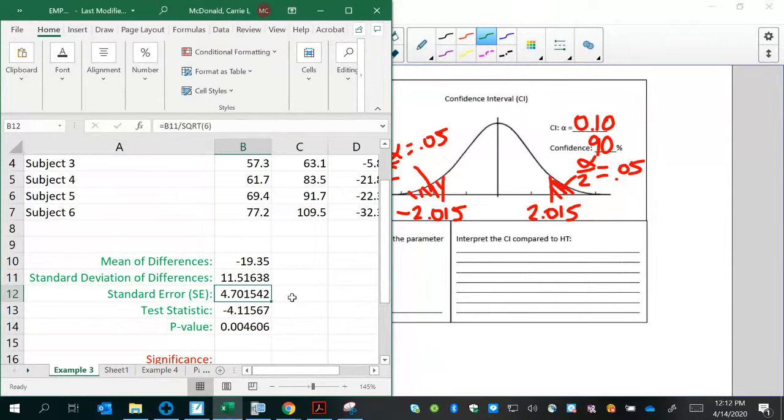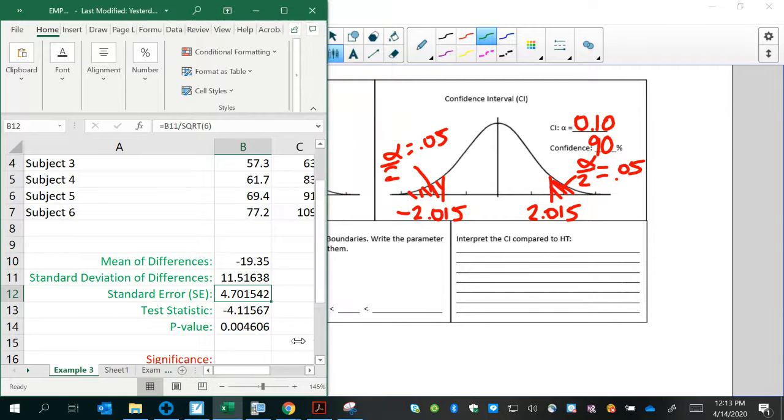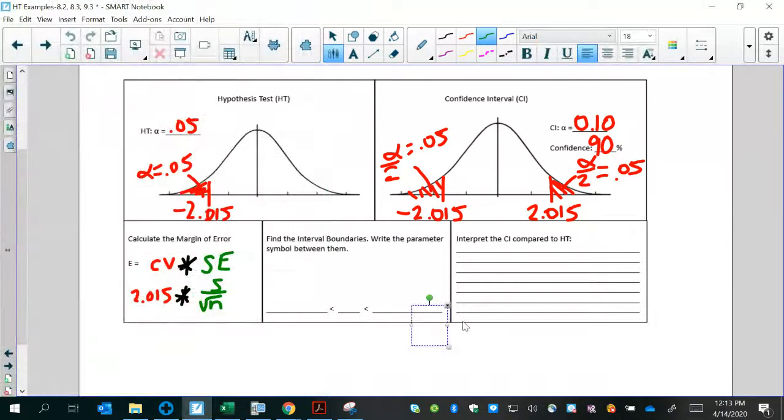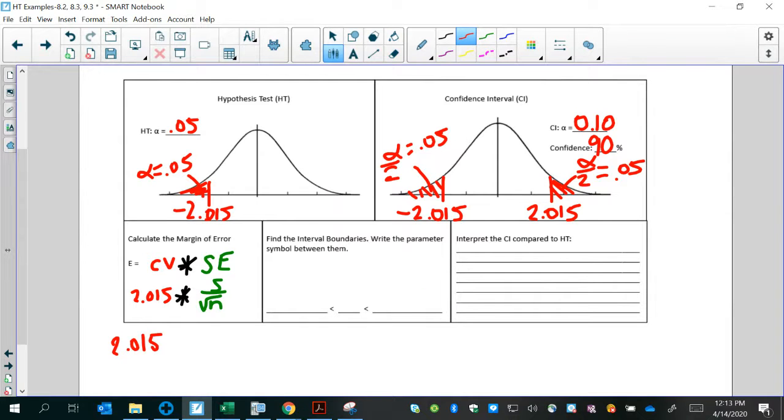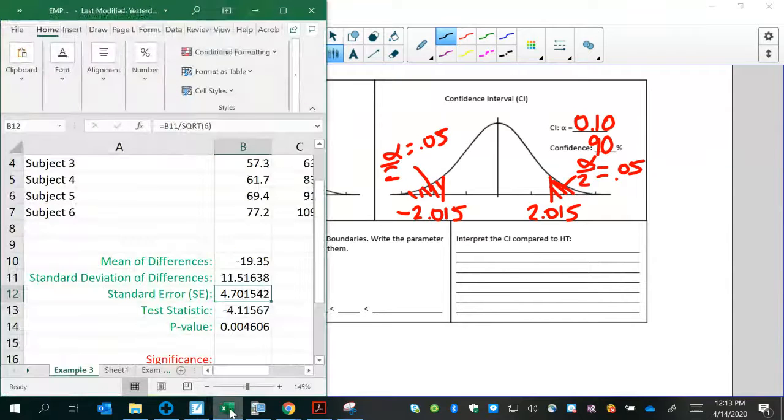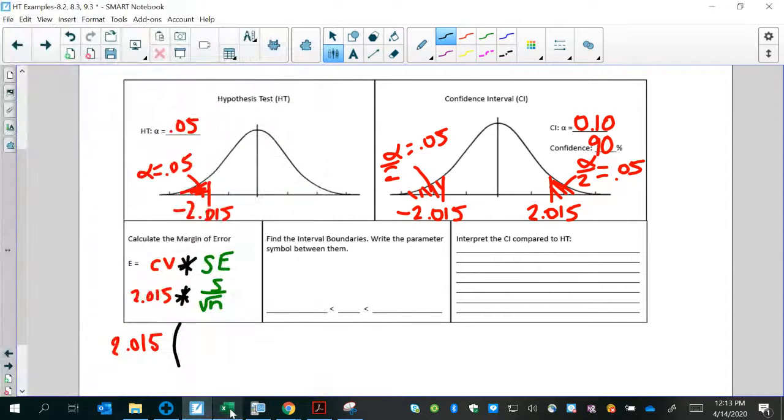So the standard error, 4.702. Really shouldn't be rounding it, but we're going to, because otherwise we'd never be able to write anything down. 4.702.